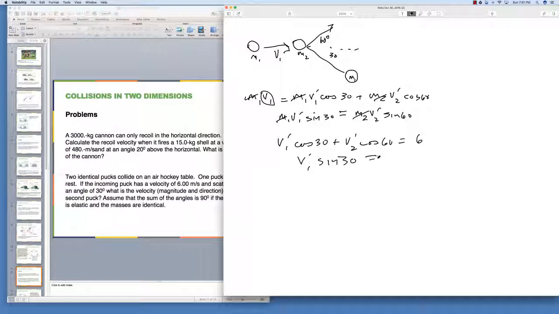You have two equations and two variables. And if you do the math here, V1 prime ends up being 2.4 meters per second, and V2 prime is equal to 4.15 meters per second. And obviously this V1 is at 30 degrees south of horizontal, or down from horizontal, and this is 60 degrees up from horizontal.